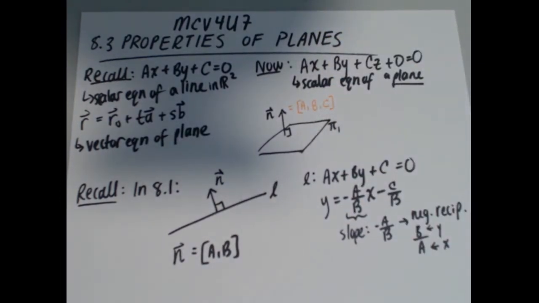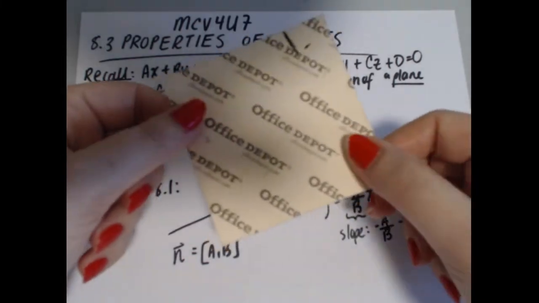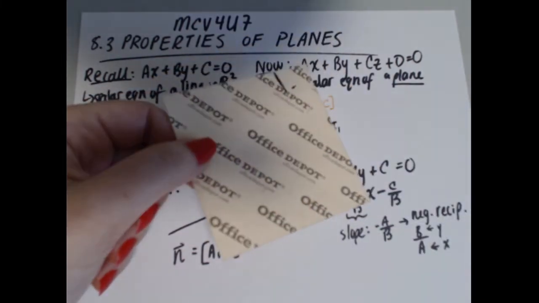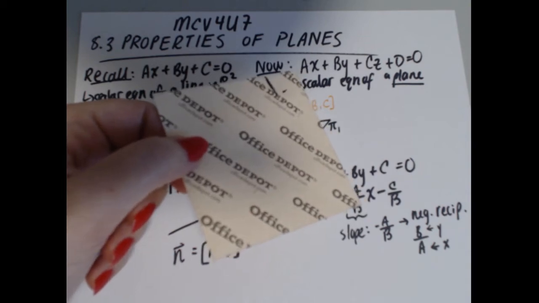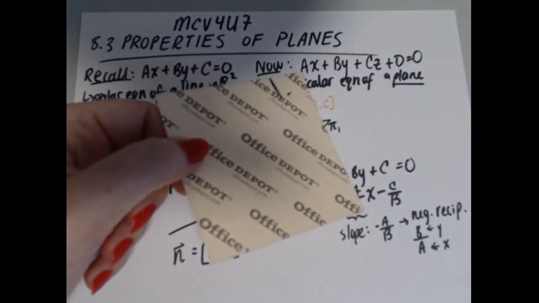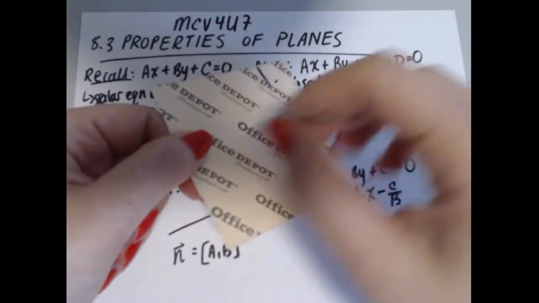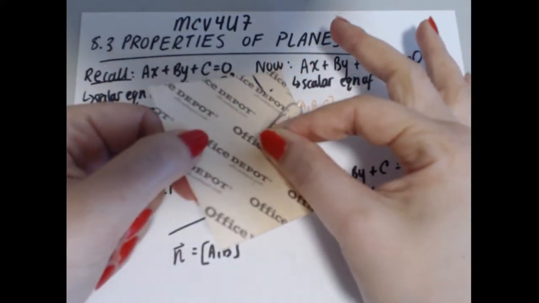Now, why is that necessary? So if you have some kind of a flat surface, so I'm just going to use this little post-it pad from Office Depot. If I have this little post-it pad and I have a little, let me use a paper clip here to indicate the direction. Okay, so I have this paper clip, it's perpendicular to the post-it note.